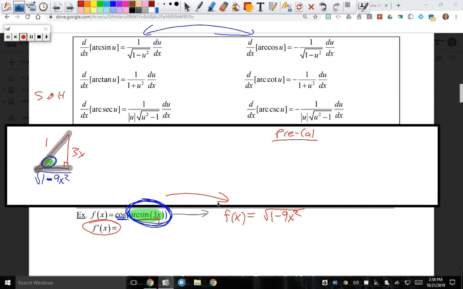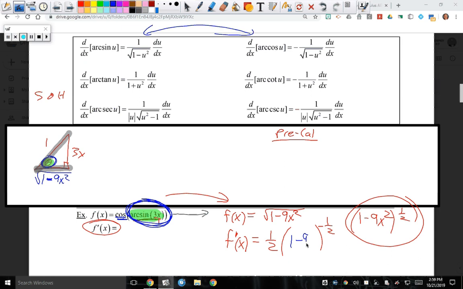This is just regular chain rule. Because this is 1 minus 9x squared all to the power of 1/2. And you help me out here. What's the derivative of this over here? 1/2 times the stuff to the negative 1/2. Let's carbon copy that stuff real quick. Times what? Negative 18x.